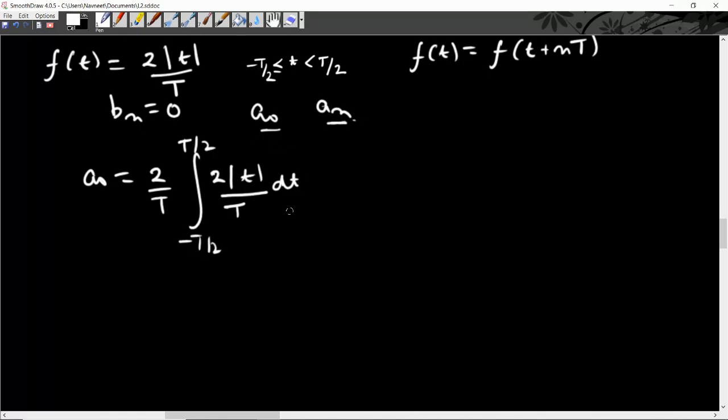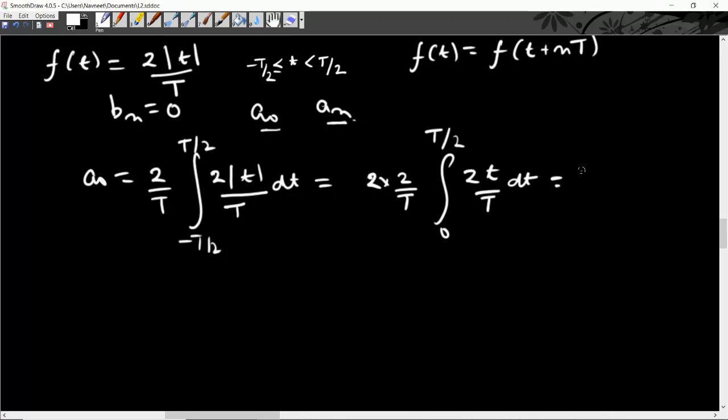Because the integrand is an even function, we can write this as 2 times 2 over T, and the integral now goes from 0 to T by 2, and I have 2t over capital T dt. So I have 8 over T squared, integral 0 to T by 2, t dt.